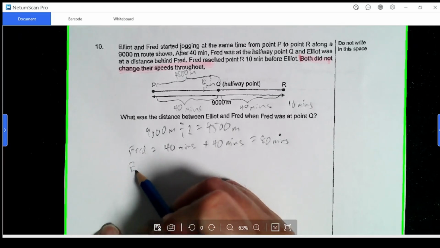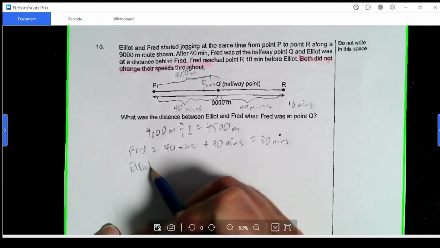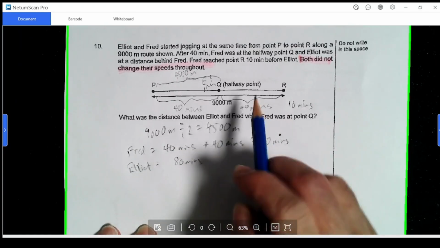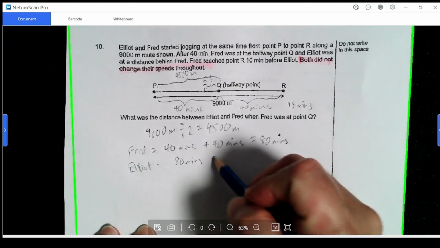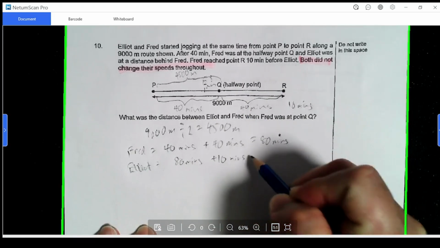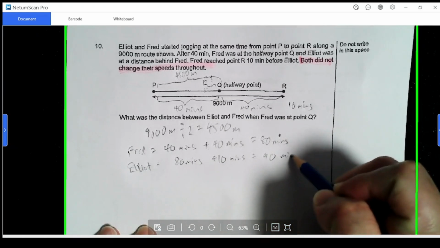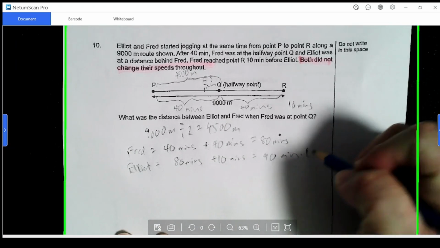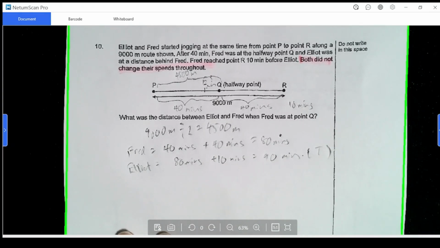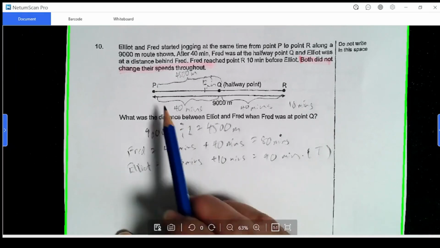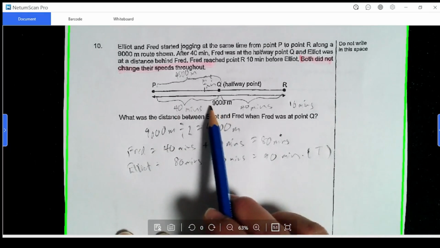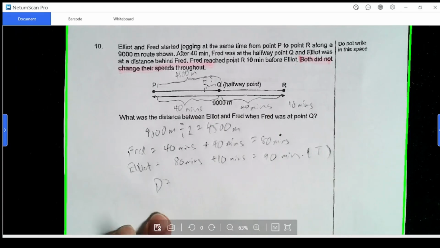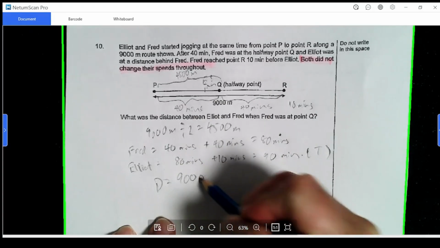Elliot took how long? 80 minutes, arrived 10 minutes later. So in total, it took 90 minutes. This is Elliot's time. So the distance is 9,000 meters.